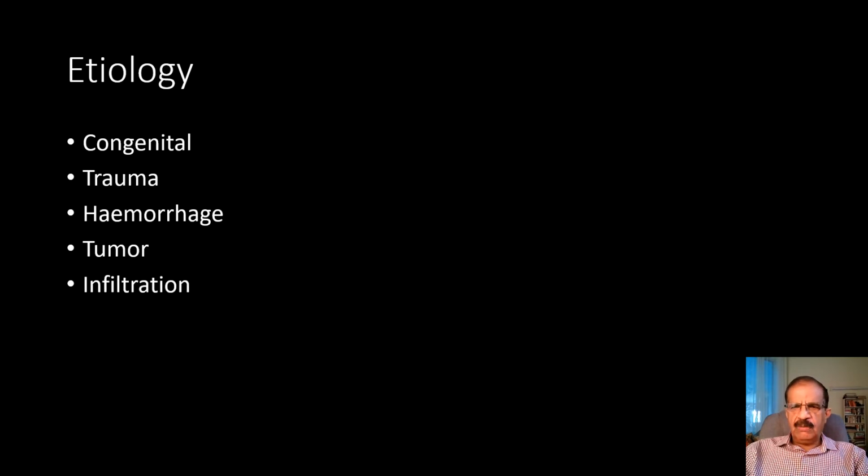And the etiology: the pituitary gland may be absent congenitally, or the cells which produce specific hormones may be lacking, and trauma, head trauma, is common. Head trauma can destroy the pituitary gland.